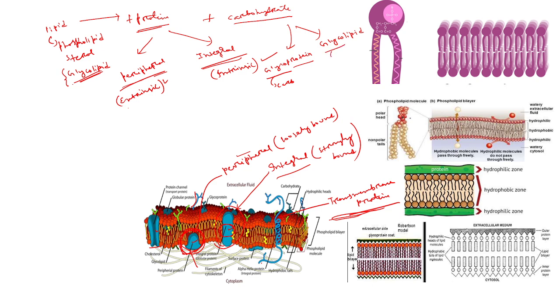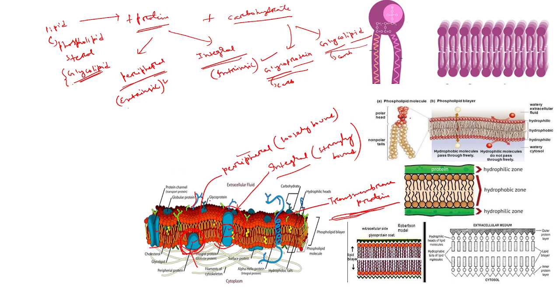Here glyco means carbohydrate, and then the lipid. So some carbohydrate binds to protein and it is called a glycoprotein, and some carbohydrate is present by binding with the lipid, and this is called the glycolipid structure.